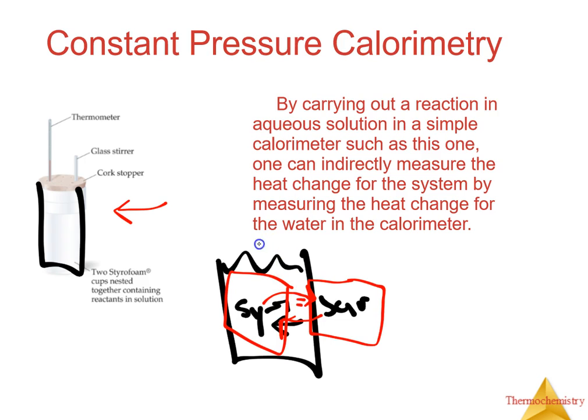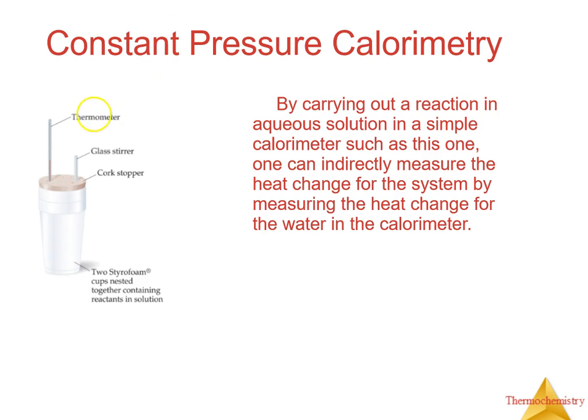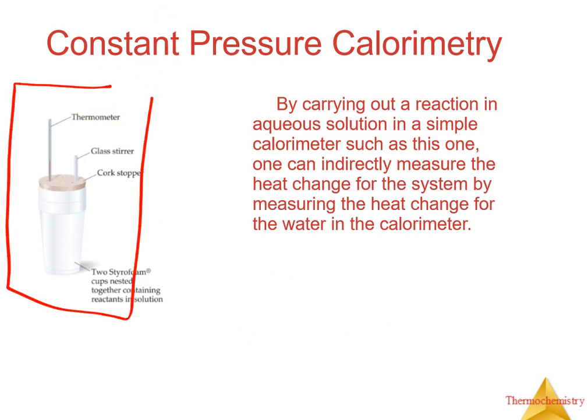Okay, so that's what we're going to do. We're going to insulate this so that there's no heat loss to the environment, so that the reaction or dissolution is the thing giving off heat or taking it in, and then it just changes the temperature of the water, which we can measure very simply. So that, when I said you had to draw a picture, this is your picture on your test.